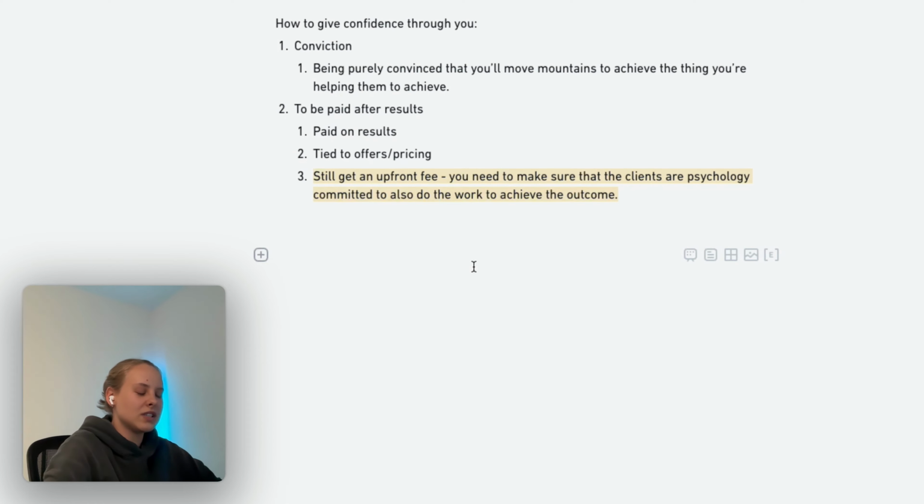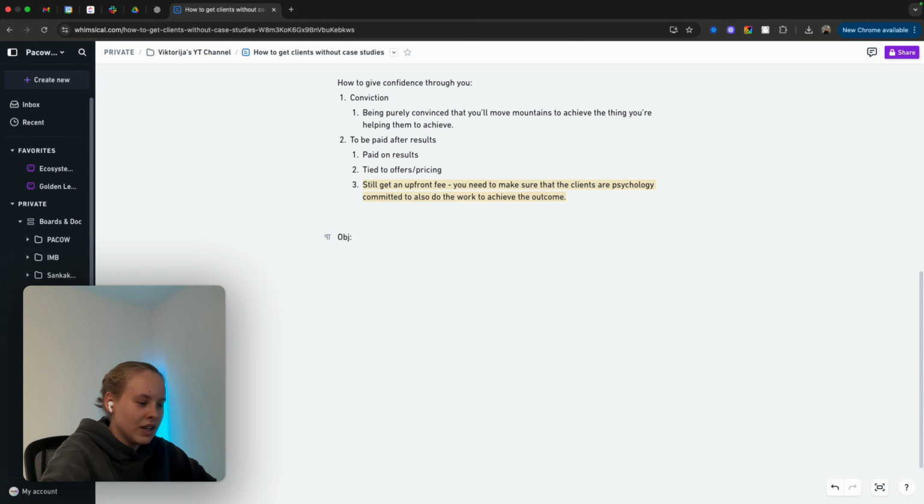And again, if there's always an objection, I need to see case studies. What you can always say as a rebuttal is, first of all, any provider can give you case studies, but not every provider has this risk-free guarantee, for example. And also, you can call them out.